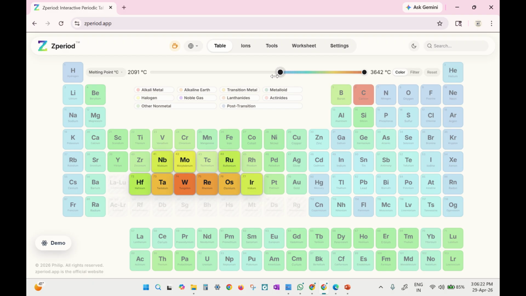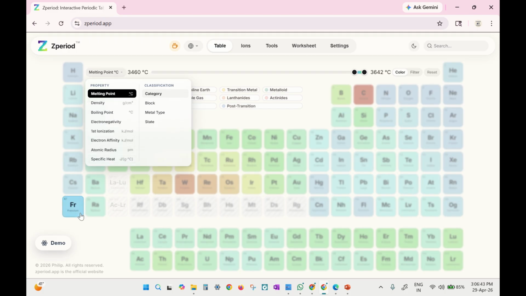Carbon is also gone. Carbon is not highlighted because there are allotropic forms. So right now you have got tungsten alone. At the highest temperature, tungsten alone stays, and when we further increase the temperature, even that melts. There are many such properties.